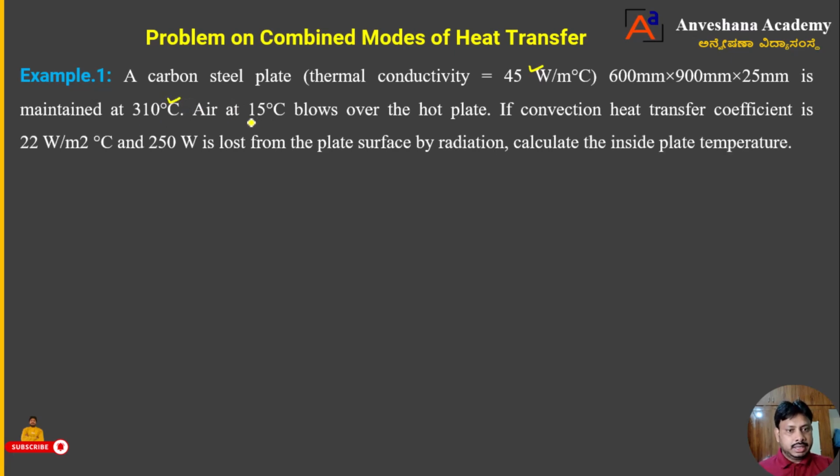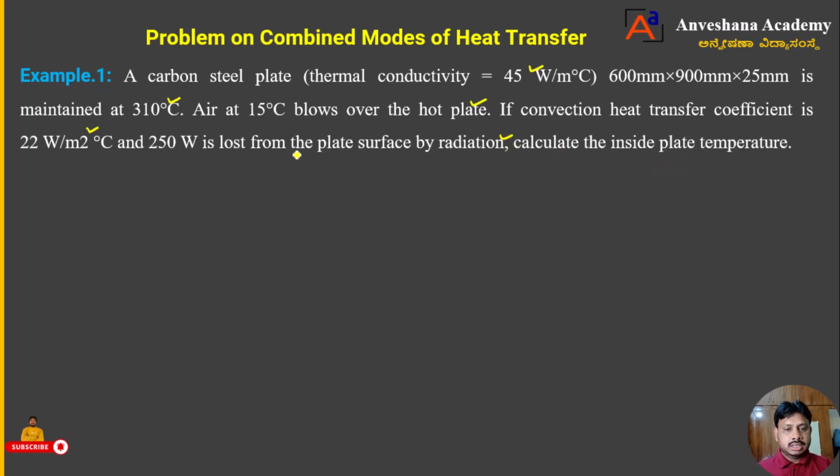Air at 15 degrees Celsius blows over the hot plate. If convection heat transfer coefficient is 22 watt per meter square degree Celsius and 250 watt is lost from the plate surface by radiation, calculate the inside plate temperature.